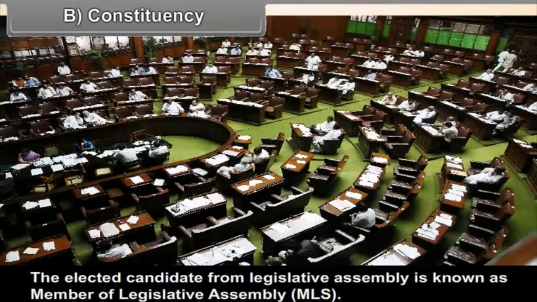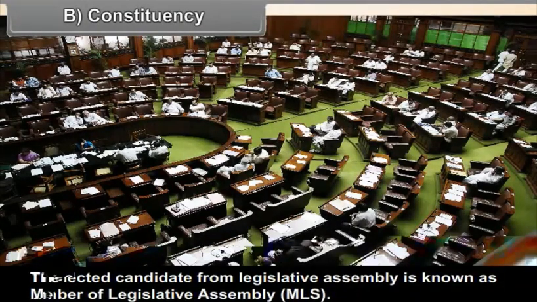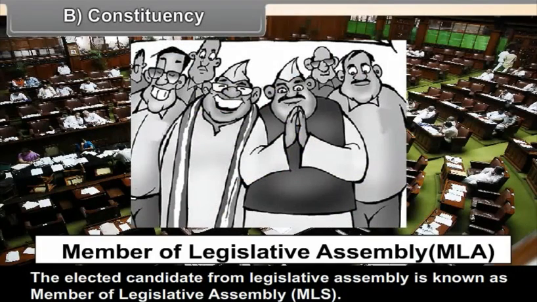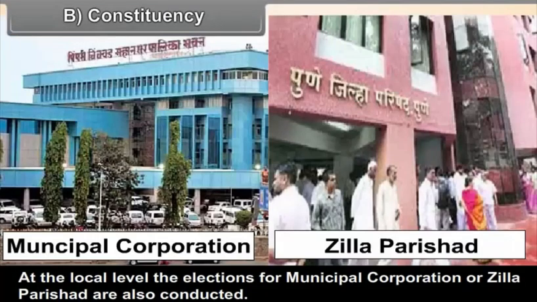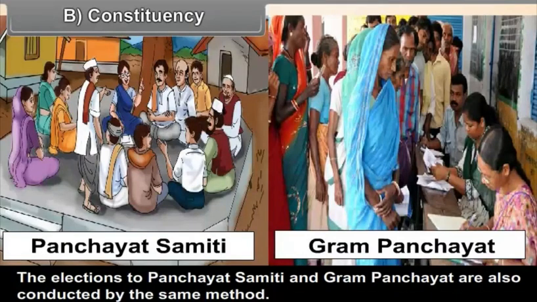The elected candidate from a Legislative Assembly constituency is known as Member of Legislative Assembly, MLA. At the local level, the elections for Municipal Corporation or Zilla Parishad are also conducted. The elections to Panchayat Samiti and Gram Panchayat are also conducted by the same method.